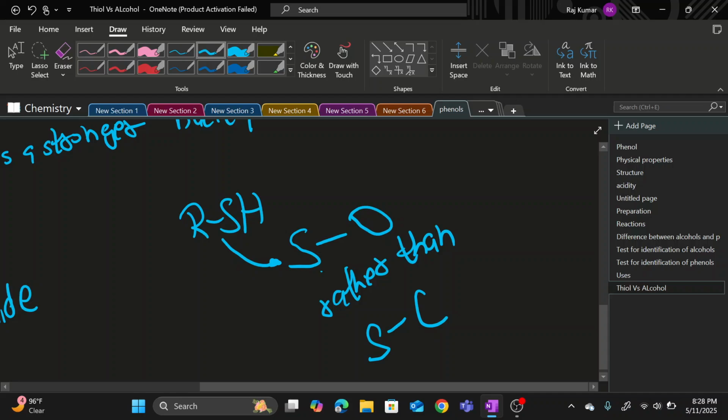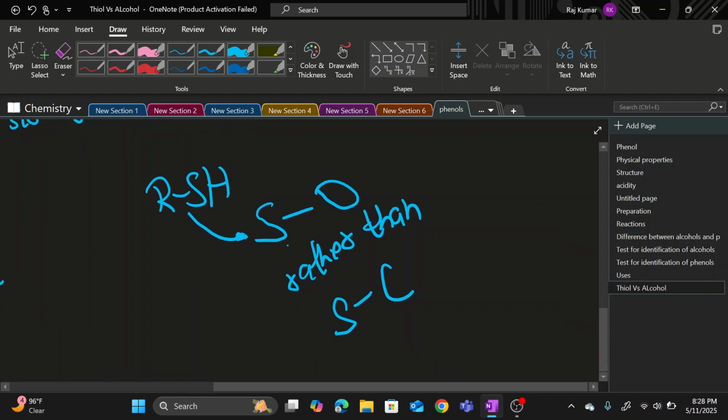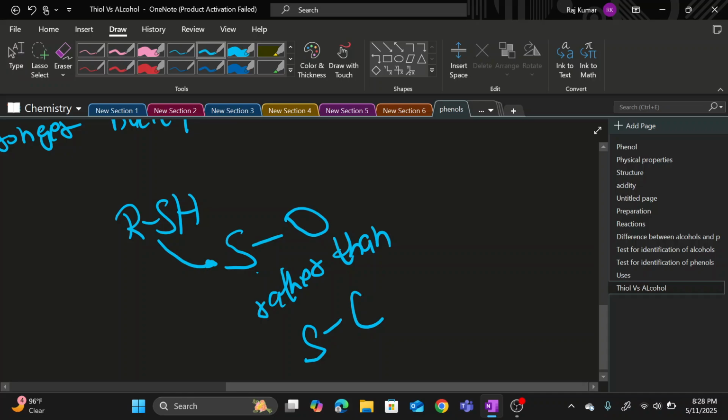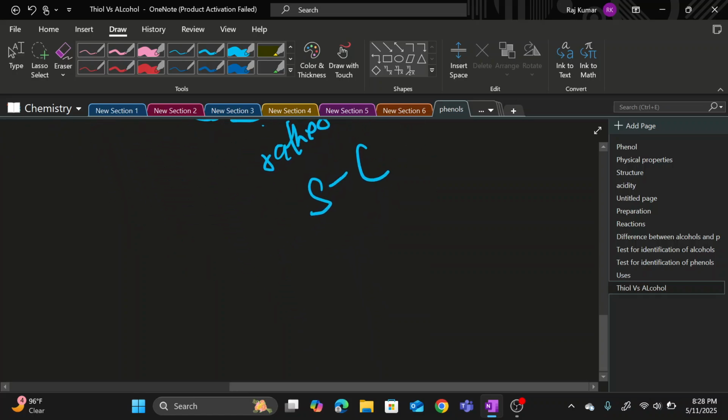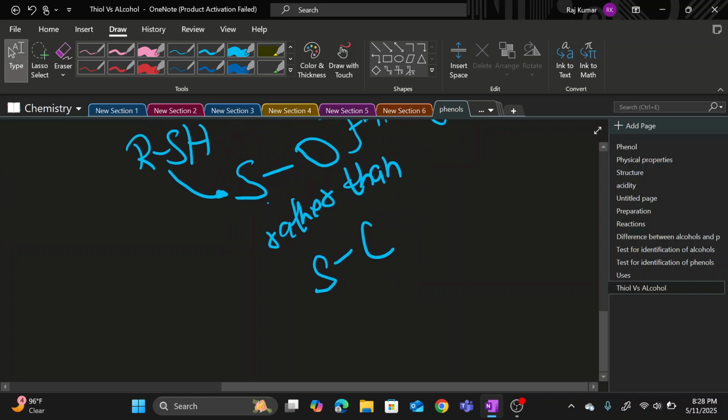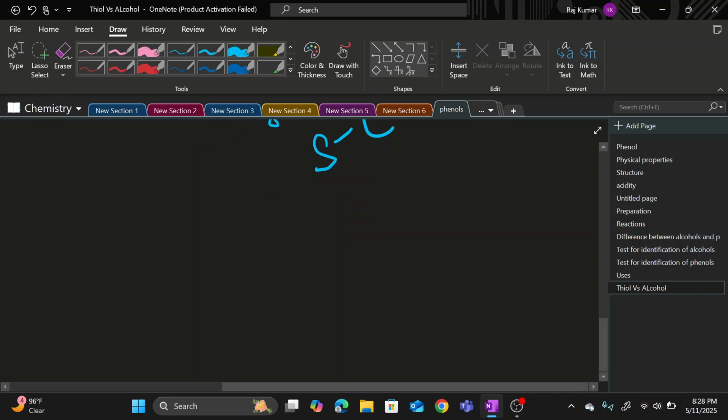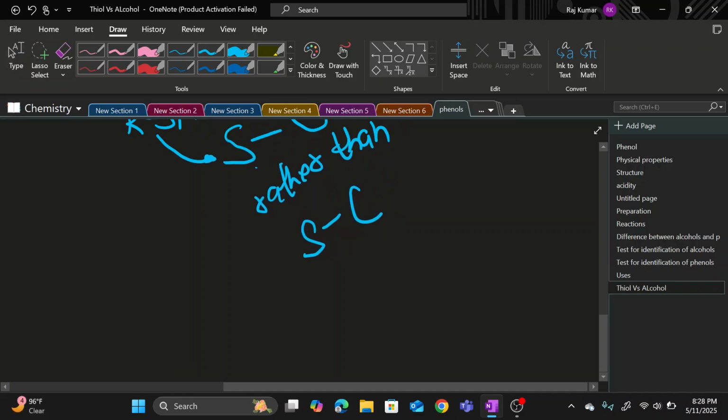Carbon to sulfur and oxygen to sulfur systems are both possibilities for the products of oxidation of the thiol group, but the more likely product is sulfur to oxygen. Sulfur to carbon is less likely, because sulfur to oxygen is a strong bond, and that's going to be more beneficial because it's going to be more stable.